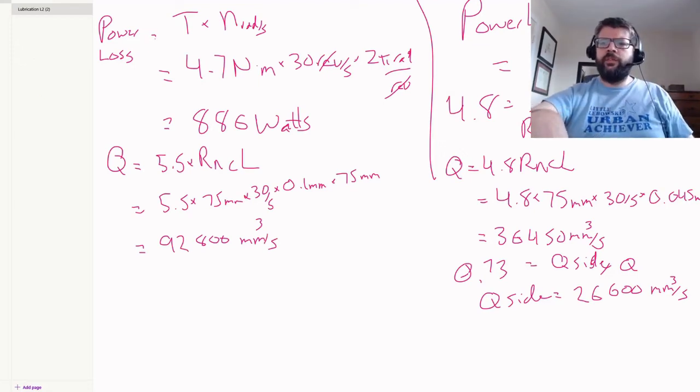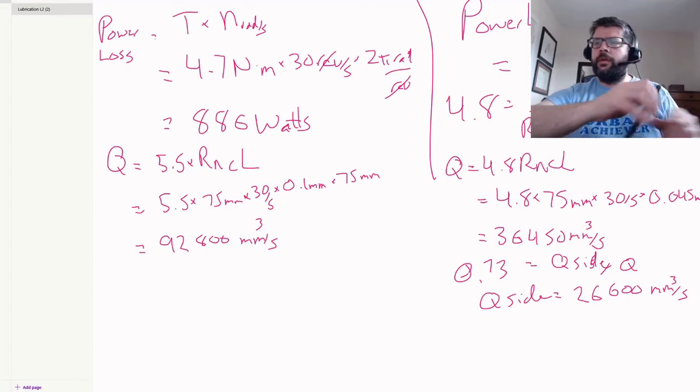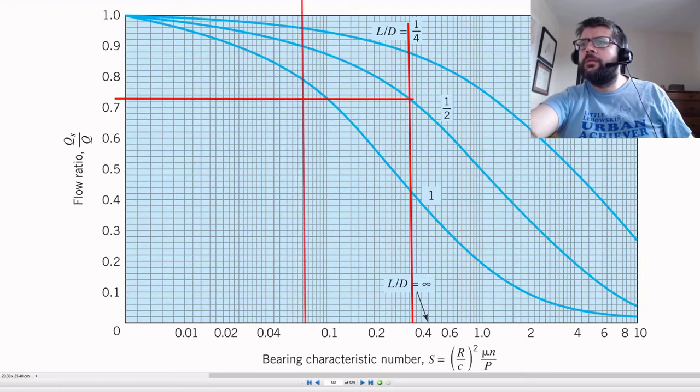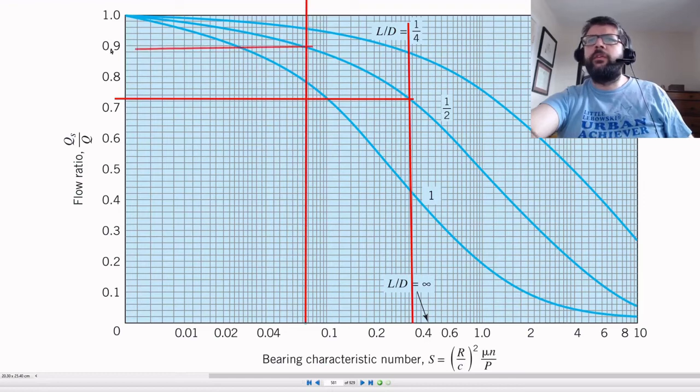All right, so our side flow in that case. Again, let's see here. Looking at about there, so an intersection at right about there. 0.9.